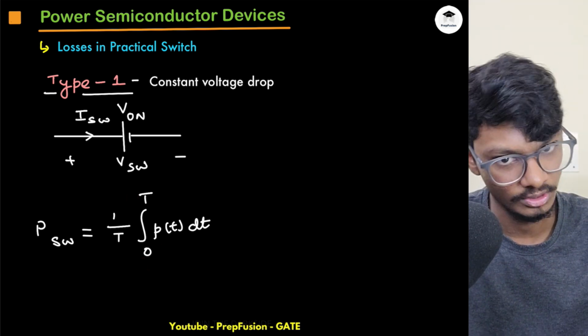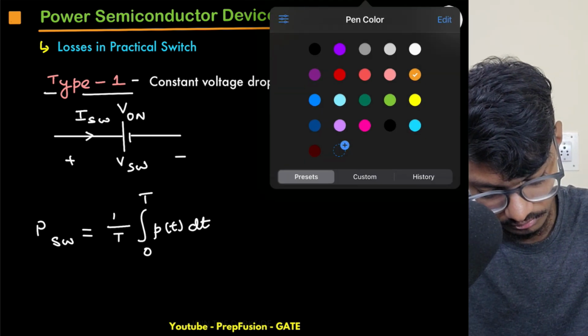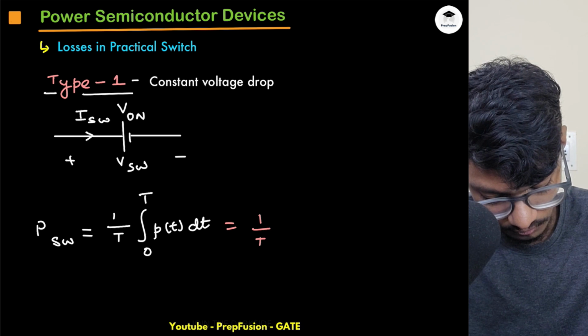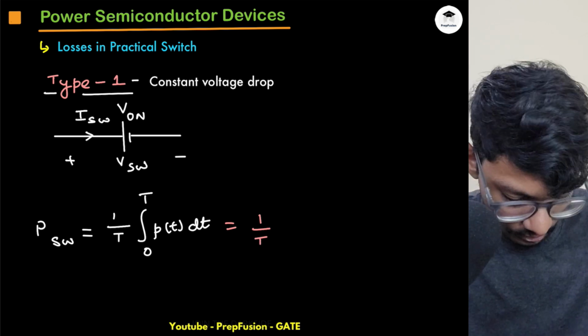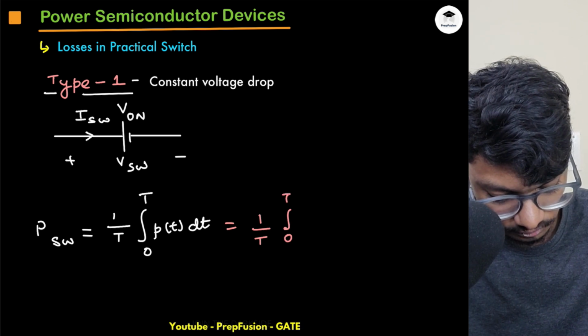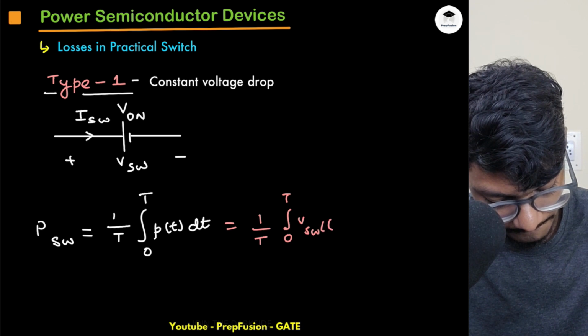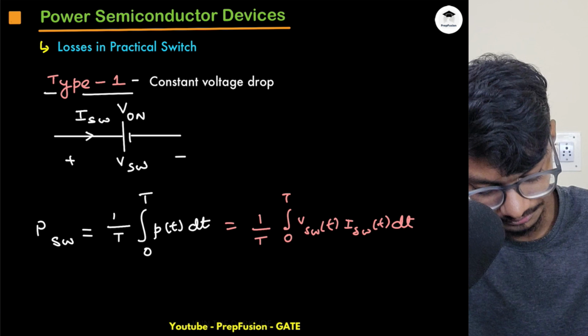So P of t equals 1 by T integration from 0 to T of V switch into I switch of t dt.